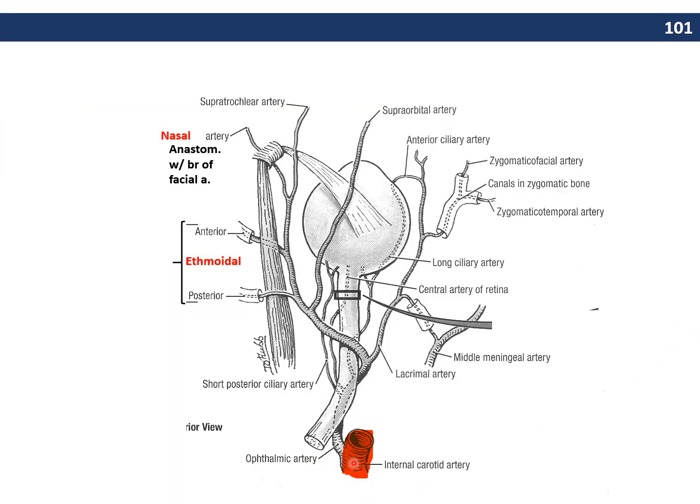In this slide, you can see the arterial supply of the eyeball, and the arteries and veins that are embedded in that choroidal layer originate with branches off of the internal carotid artery.